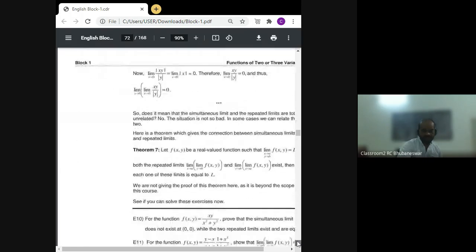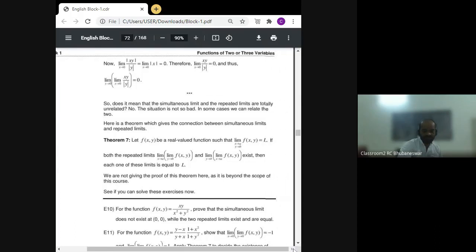And the same has been repeated here in theorem number 7. If the repeated limits both exist and are equal, then the real valued function must have the limiting value L.